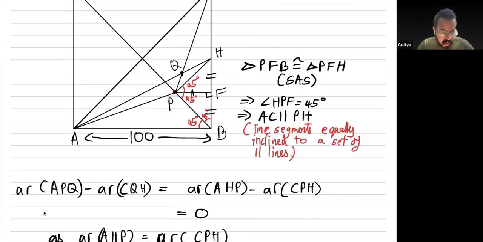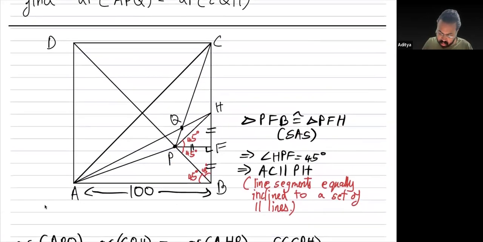Did someone actually figure out the two areas? No one figured it out. This HCH will be half of this point. Q we can figure out, but I'll not do it right now.